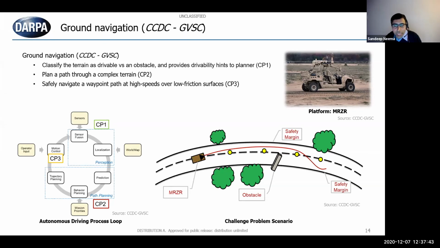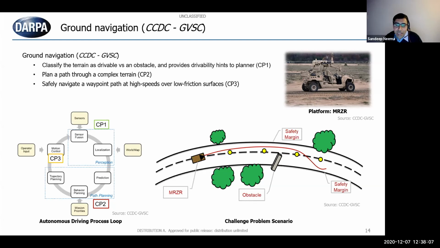In the case of TARDEC, I keep saying TARDEC, it used to be known as TARDEC, now it's CCDC. This is a ground domain problem, specifically in the DoD context, where we are driving not on mainstream roads, but in uncharacterized or unstructured terrain.